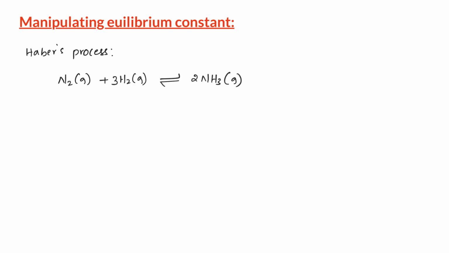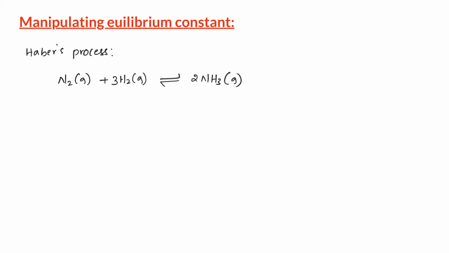Let us now discuss what happens to the equilibrium constant when we manipulate the chemical equations. The value of the equilibrium constant for a particular reaction depends on the direction in which the given reaction is written. The following is the chemical equation for the production of ammonia using Haber's process. Nitrogen gas reacts with 3 moles of hydrogen gas to form 2 moles of ammonia gas.